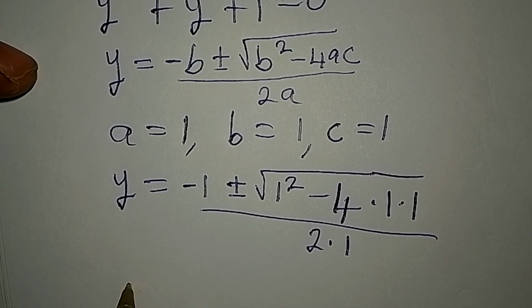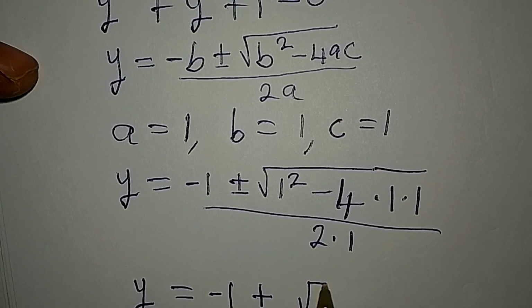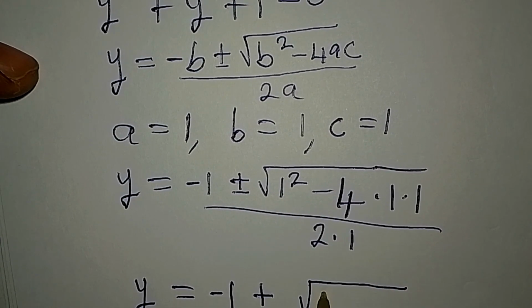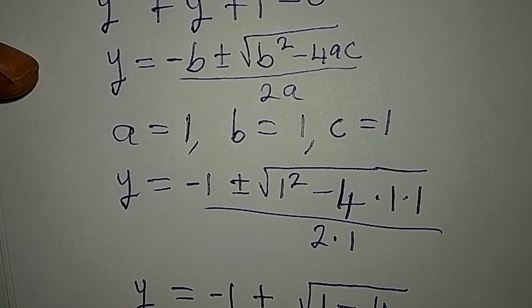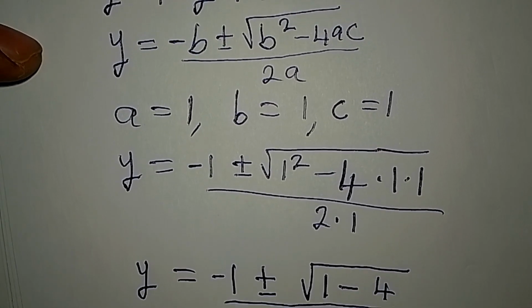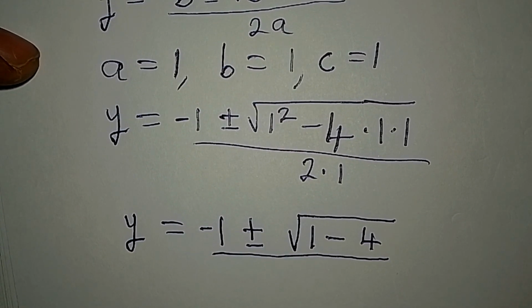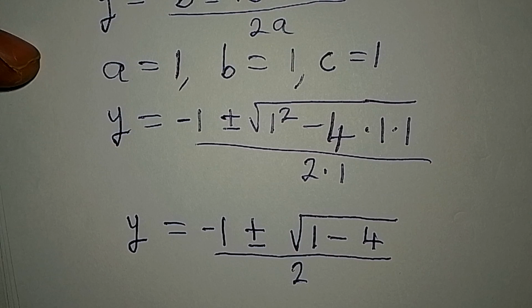If we continue, then y is equal to minus 1 plus or minus, we have 1 squared is 1, minus 4 times 1 times 1 is 4. So we now divide the whole of this by 2 times 1, and that is 2.